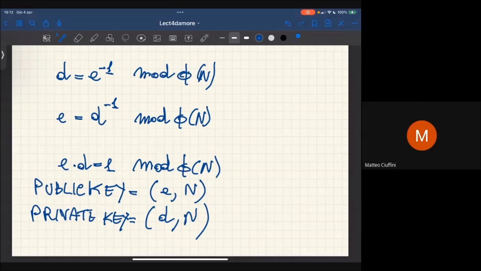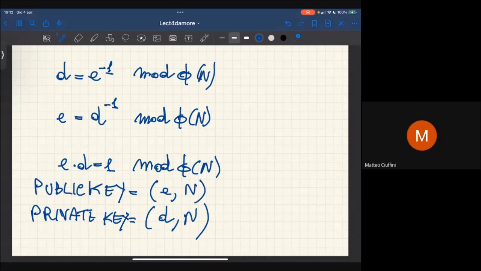So if we link back this new information, how to generate the keys, to the old information, that is meaning the private key, the public key, Alice is generating the prime numbers, and choosing number E, and all this information is providing a public key.